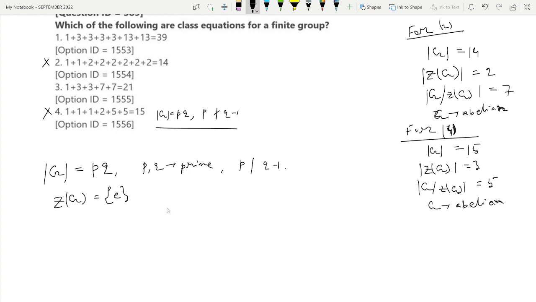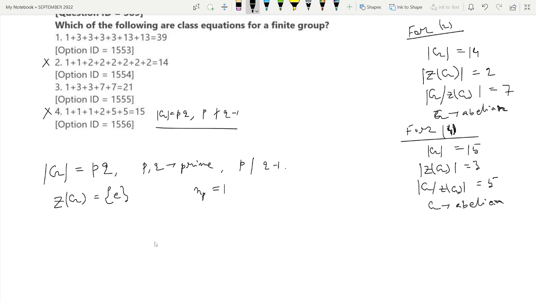It is not the case because the number of Sylow p-subgroups, n_p, will be 1 here. If G is abelian, then n_p will be 1 because that will be normal, so a unique Sylow p-subgroup. So there, p divides q minus 1 will not be true.